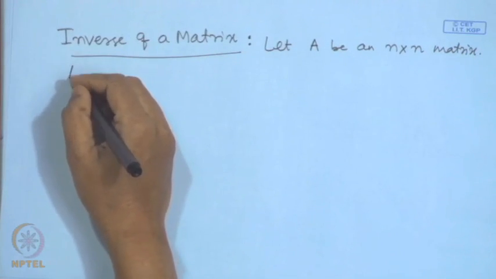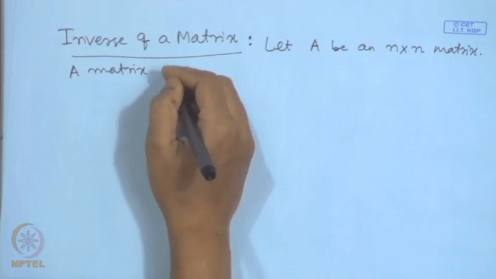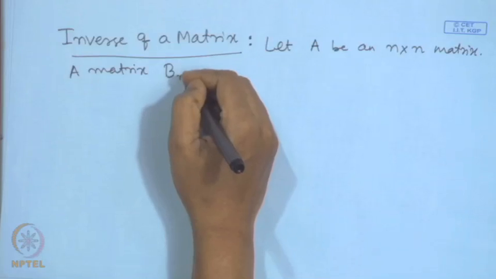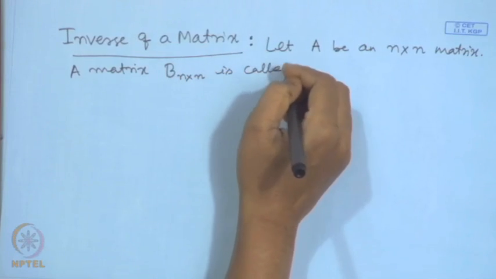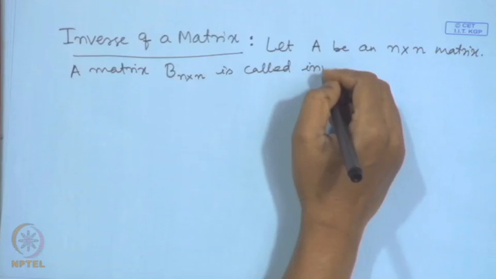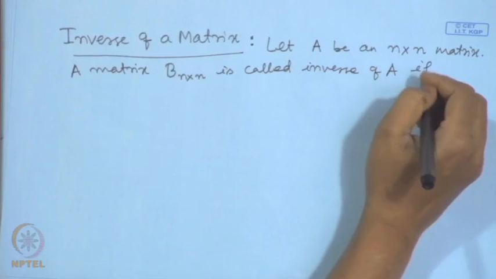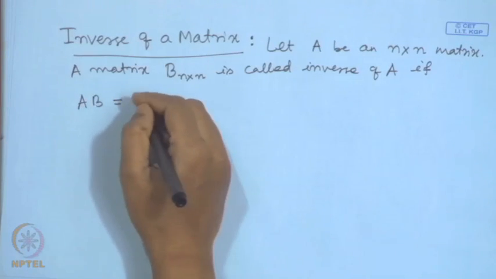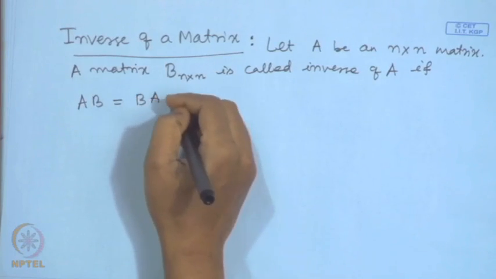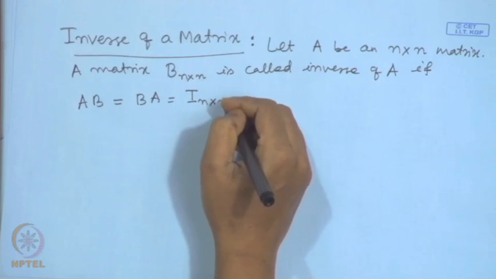A matrix B of size n by n is called the inverse of A if AB is equal to BA is equal to the n by n identity matrix.